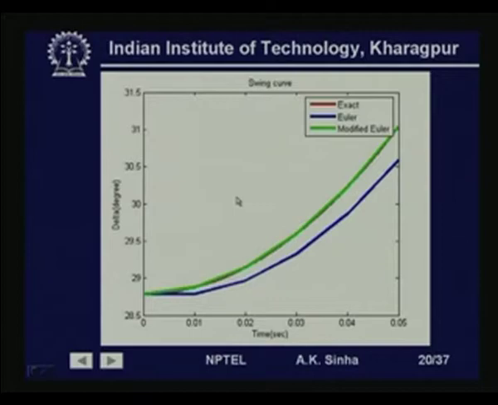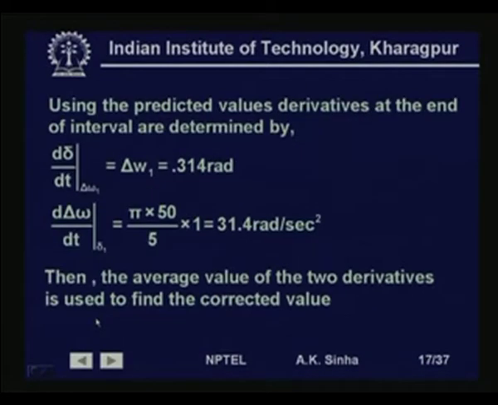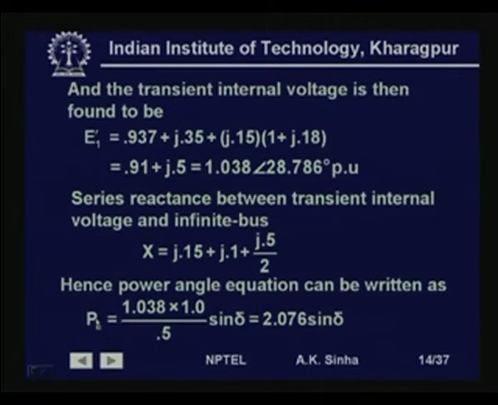Now, in this case, we have plotted the swing curve when the fault is on all the time. If the fault would have been cleared, say after 0.05 seconds or so, then the change that we get will be in this expression of P e.